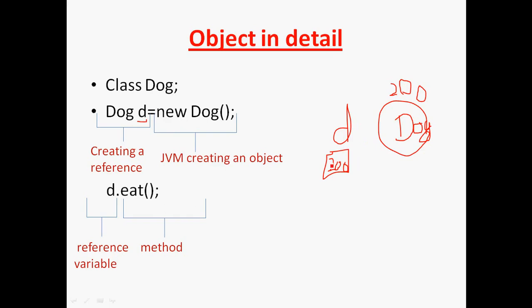So when you are assigning the address of the object, the Dog object, d will refer to this object. Using this small d variable, you can access the methods present inside the Dog class, like the eat method.